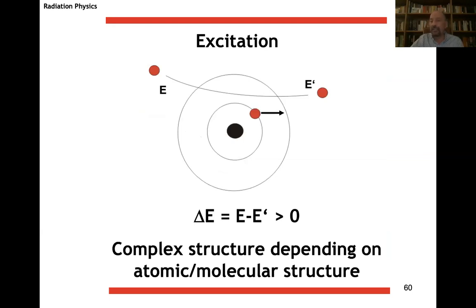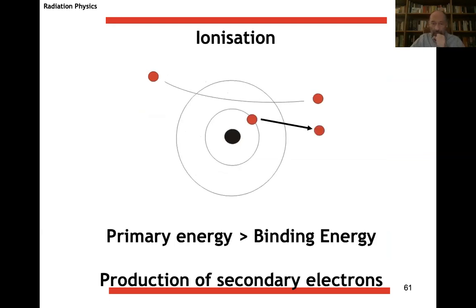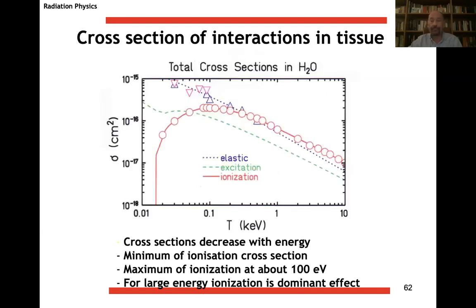So this is the ionization, of course. And the kinetic energy of the electron produced by the interaction will be given by the primary energy minus the binding energy of the electron itself.